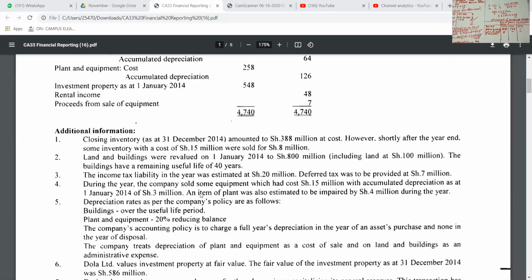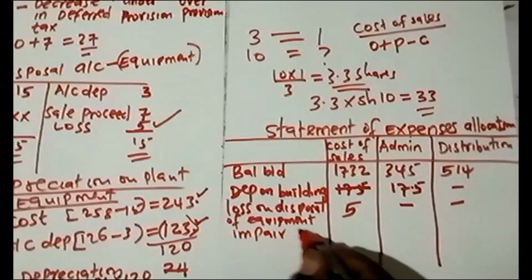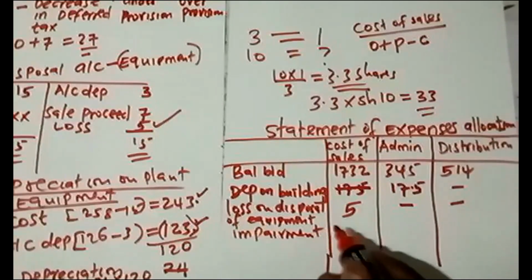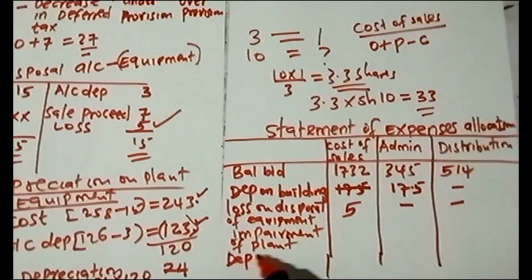Then there was another expense under note 4, an impairment. An item of plant was also estimated to be impaired by 4. So that one I would just write impairment. Then note 5, remember this was for plant, impairment of plant. Then again, note 5, there is a depreciation of the plant.